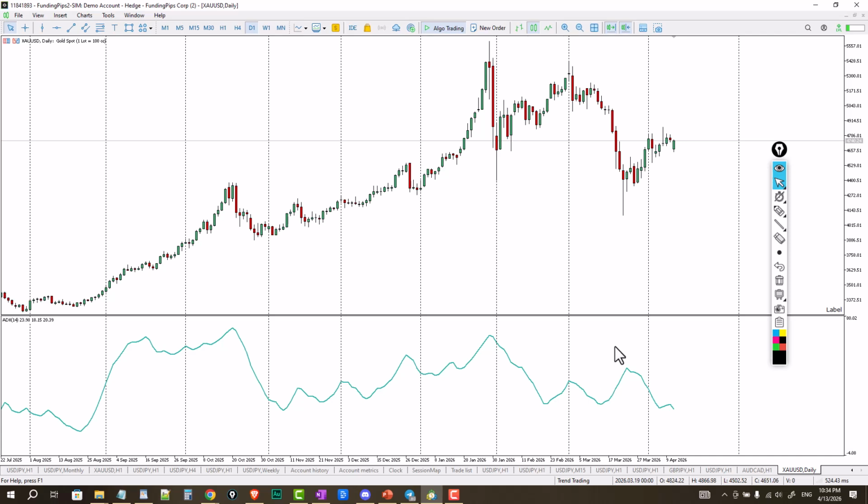Now with that out of the way, most traders use the ADX indicator by waiting for it to go from below the 25 level line of the indicator to crossing above it and moving in an up trajectory. When that happens, this is telling traders that there's the beginning or the emergence of a strong trending move in the market.